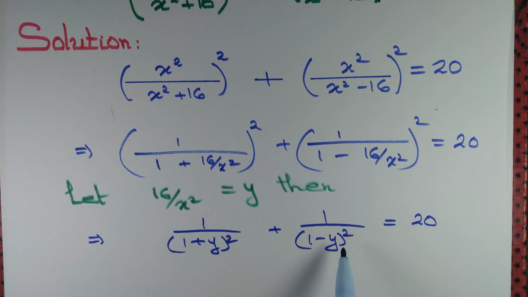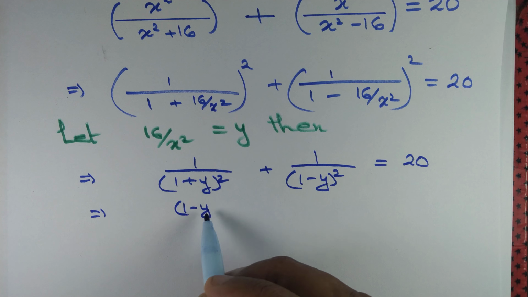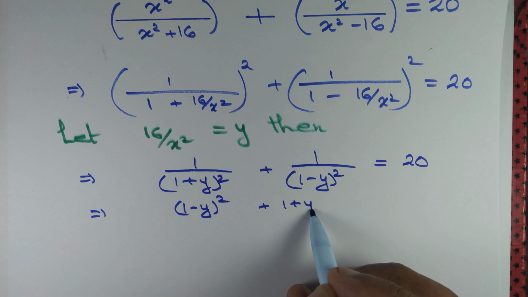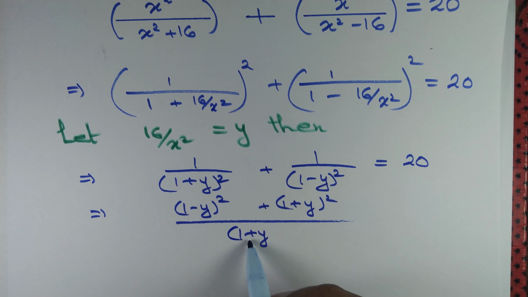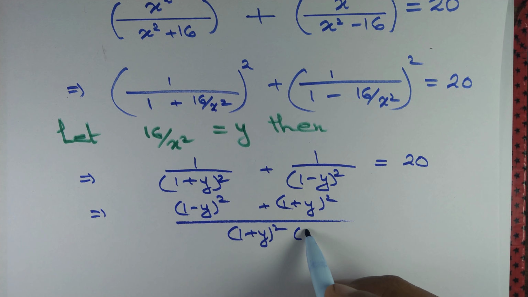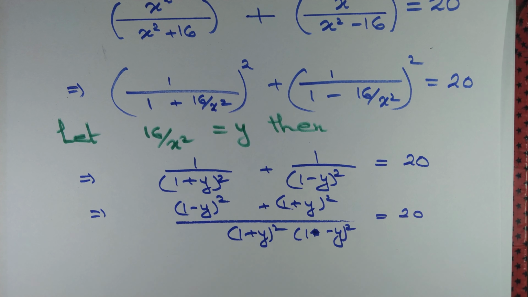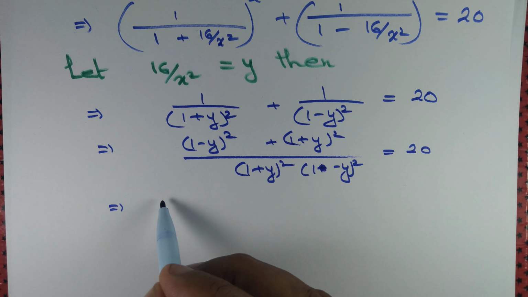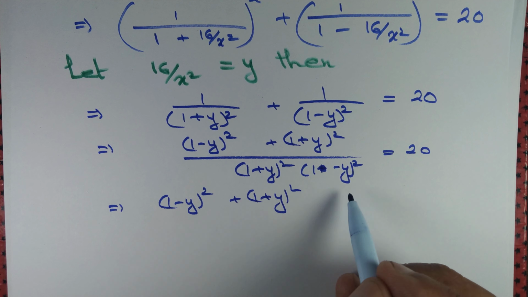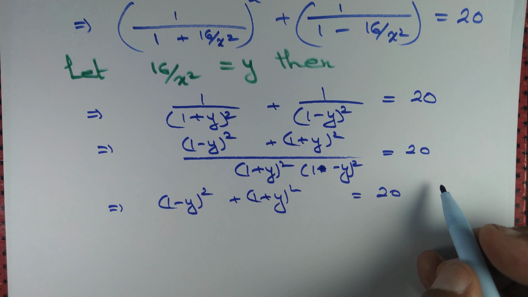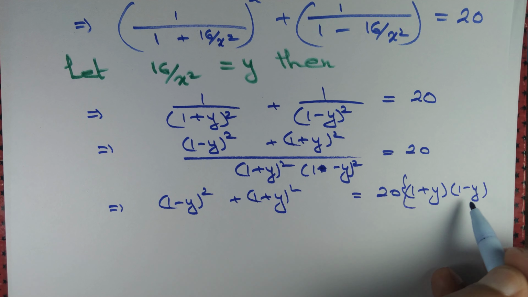Now we take LCM, write it as a single fraction equal to 20, and then cross multiply to obtain (1 minus y) whole square plus (1 plus y) whole square equal to 20 into (1 plus y) into (1 minus y) whole square.